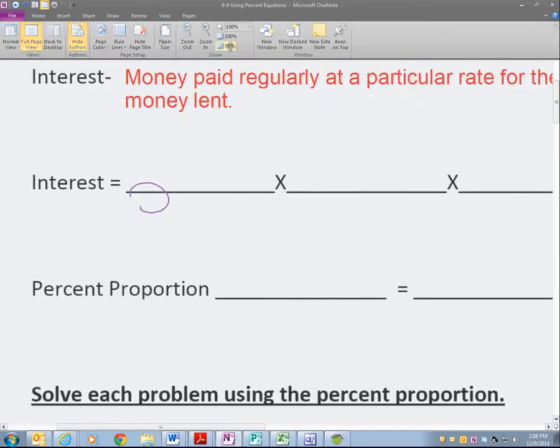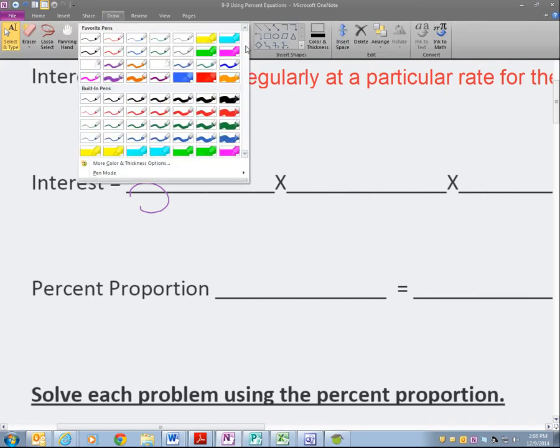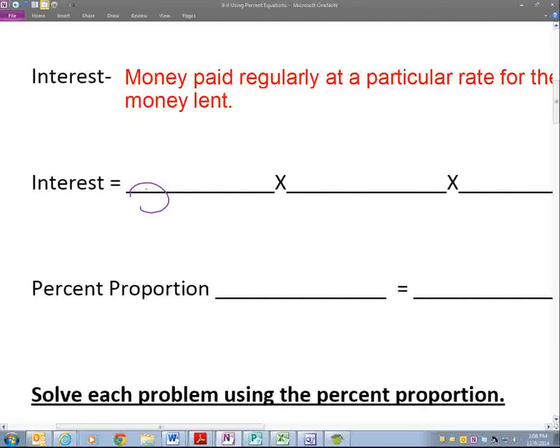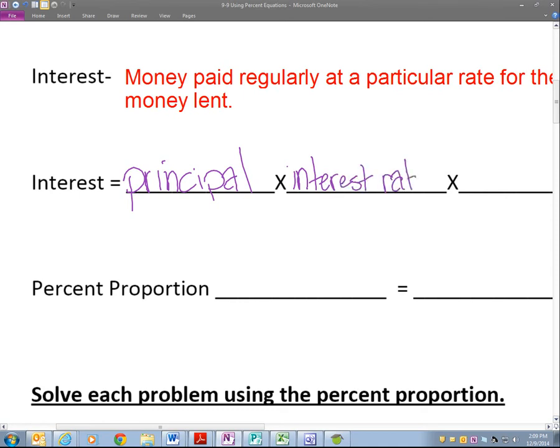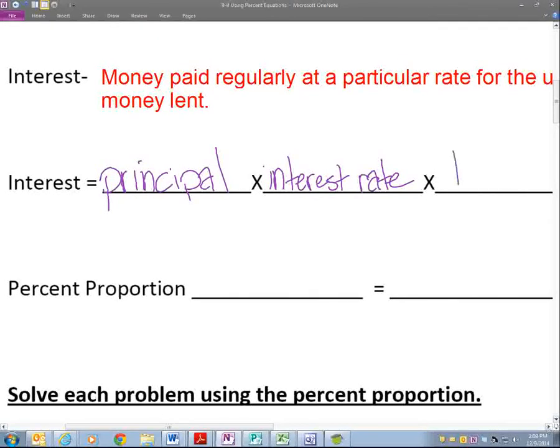Interest is calculated using principal times the interest rate and time.